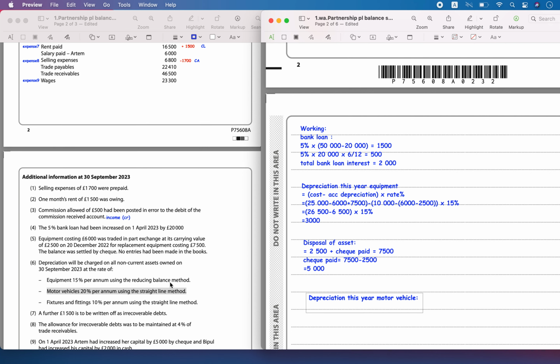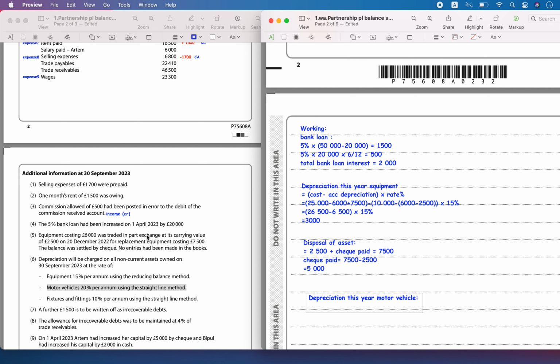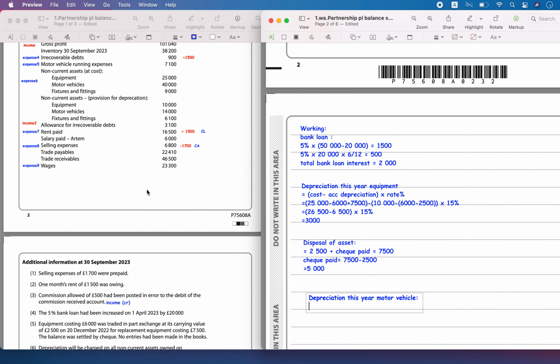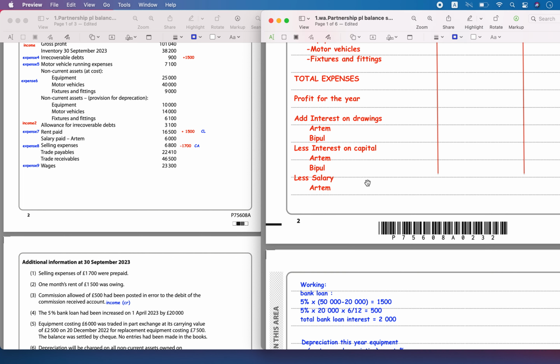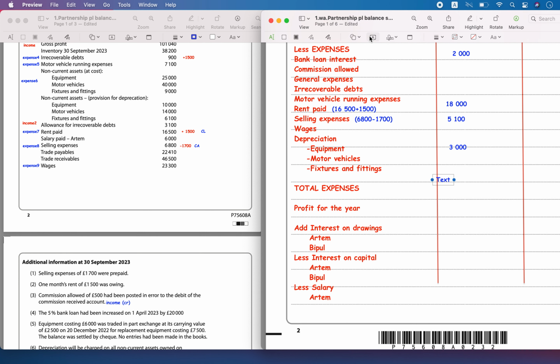So depreciation this year for the motor vehicle is going to be at the rate of 20% per annum using straight line method. So let's calculate that. That is going to be equal to 20% of the cost 40,000, which is equal to 8,000. So straight line method, so it is 8,000.